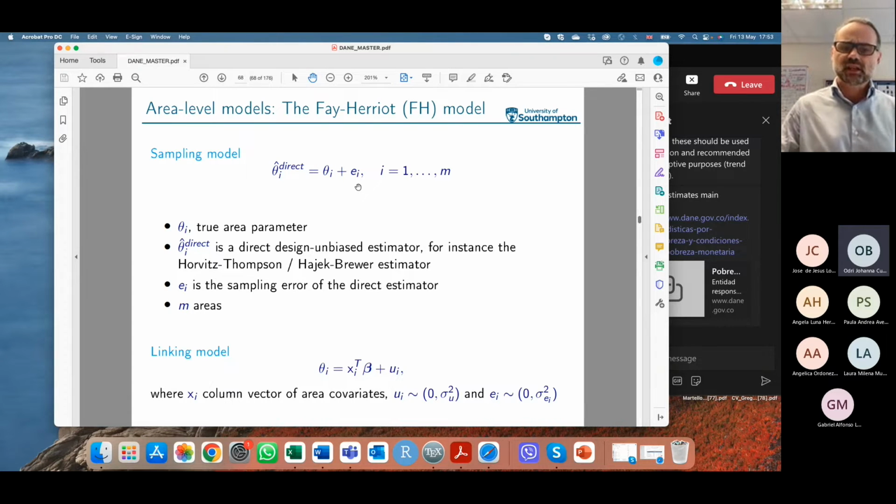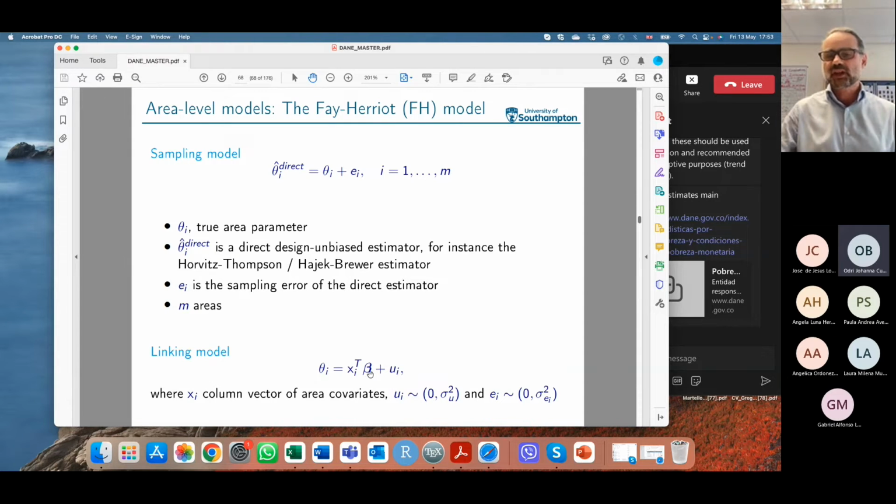Okay, so what the linking model tells you is that the true area parameter theta i is related to a set of covariates x i via this model. Okay, so you say that my theta i is equal to x i beta plus another term u i.